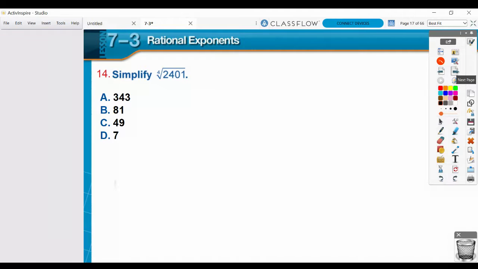Okay, the 4th root of 2,401 would be 4, with the radical with the x, 2,401. You should get 7.